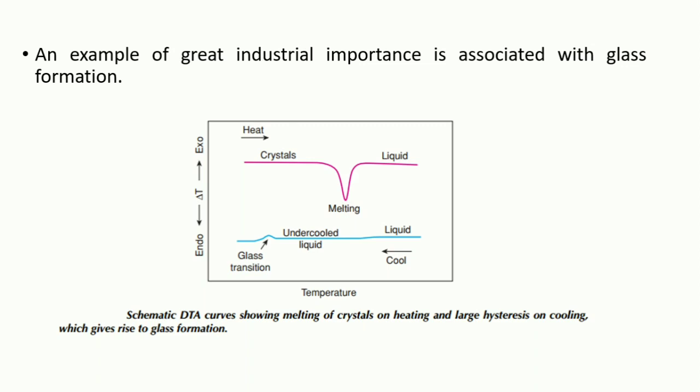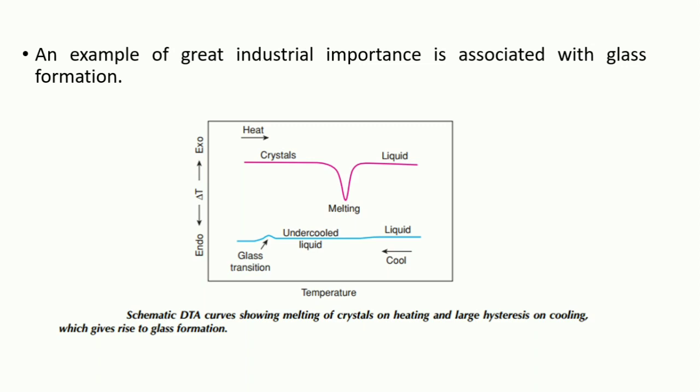In the case of silicon dioxide, SiO2, the liquid is very viscous even above the melting point, which is about 1700 degrees Celsius, and crystallization is quite slow even at slow cooling rates.